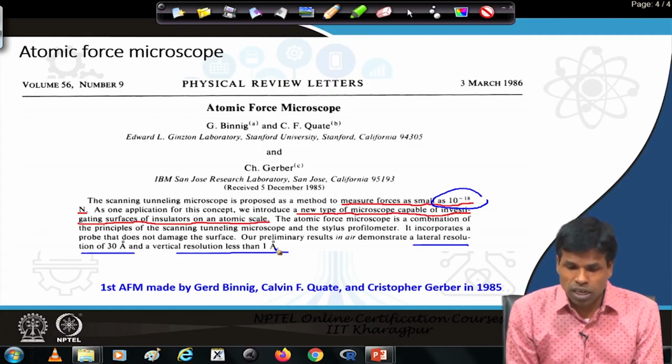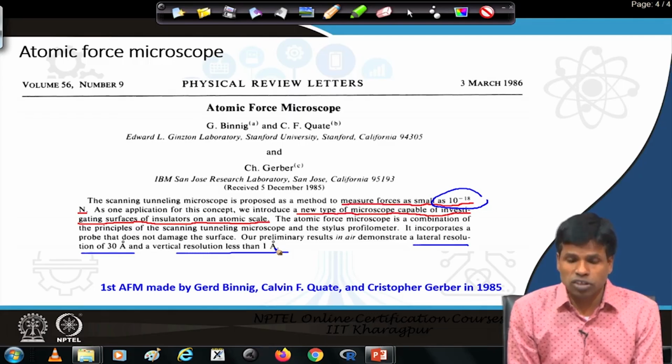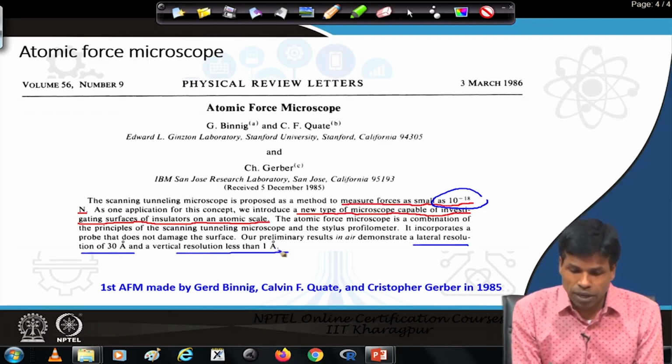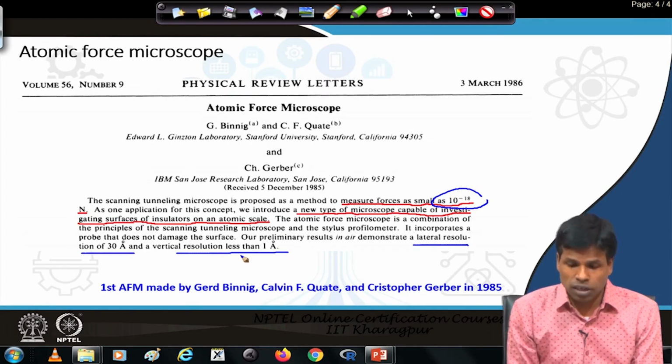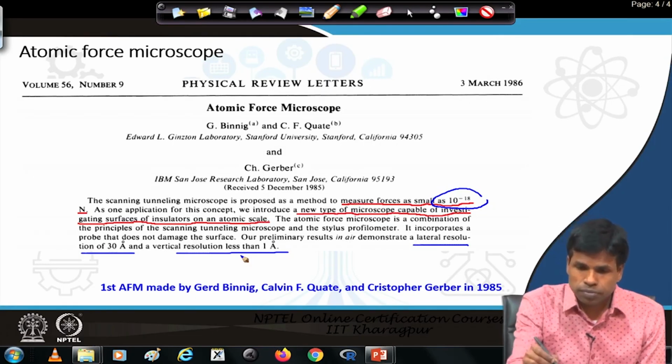So, with a modified version of the scanning tunneling microscope, they could achieve a vertical resolution of less than 1 angstrom, and because they measured the forces between the tip and sample and created the surface topology with that force, they termed it force microscope or atomic force microscope.